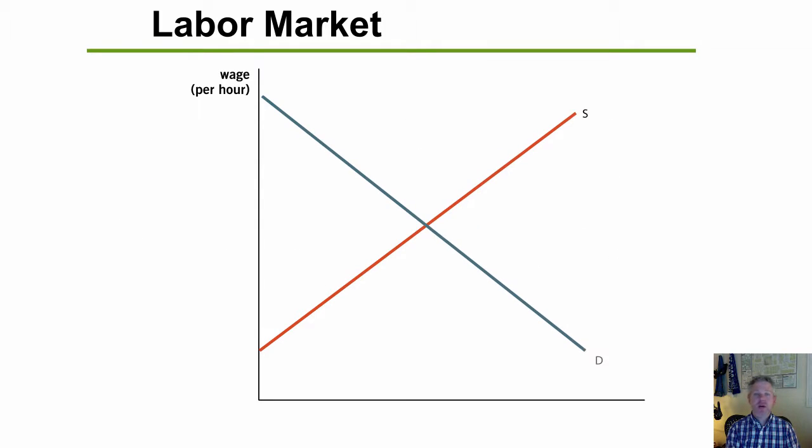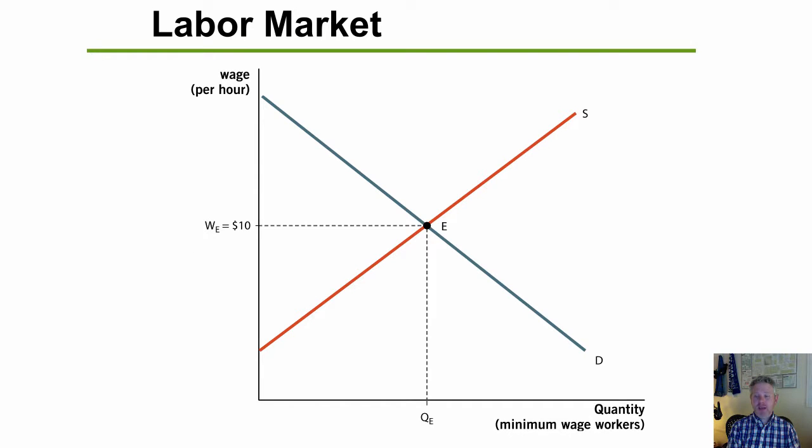All right, so here we have the typical supply and demand diagram. Remember, price is now called the wage, and the quantity is just the quantity of labor at the bottom. So the equilibrium wage in this particular labor market is $10. It's just like we did with our other supply and demand diagram. Now the label shows up there, the quantity of minimum wage workers.